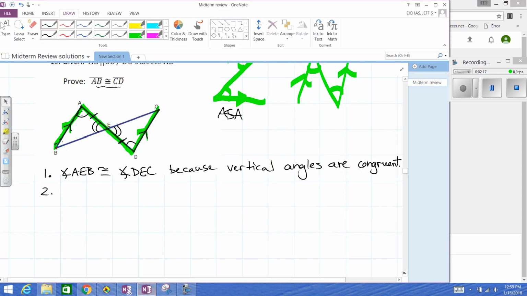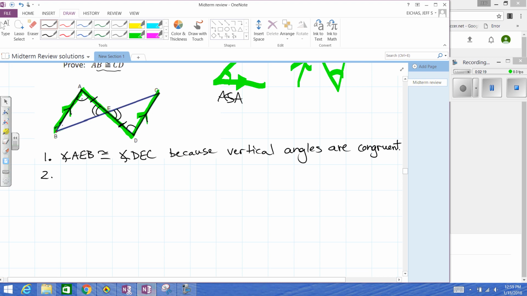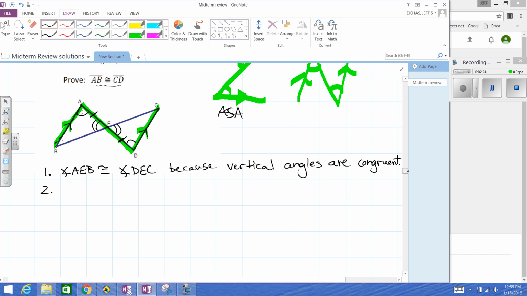I need some help from the parallels. So let's start with AB is parallel to CD because it was given.